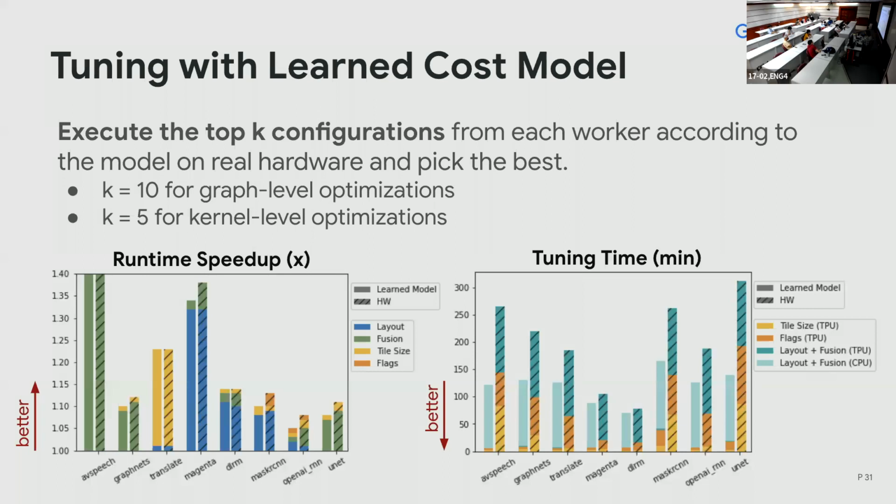If you look at the tuning time, you can see that using the learned cost model reduces the tuning time significantly. The light blue bar represents the time that only needs to run on CPU. If you only look at the time that needs to run on the real accelerator or TPU, you basically exclude the light blue time. It is actually really small compared to the time required when you need to use the real hardware every time.